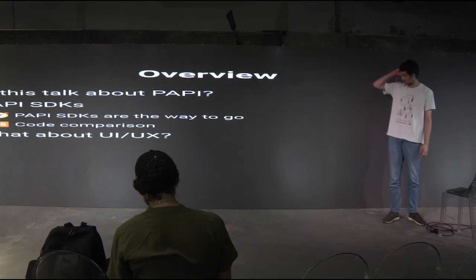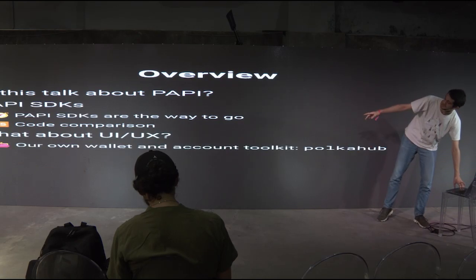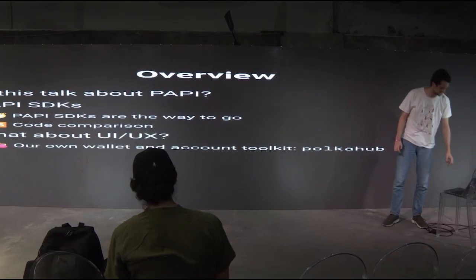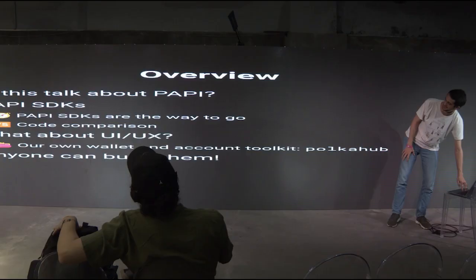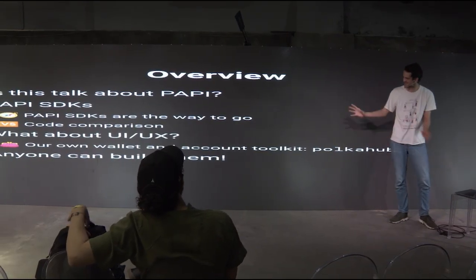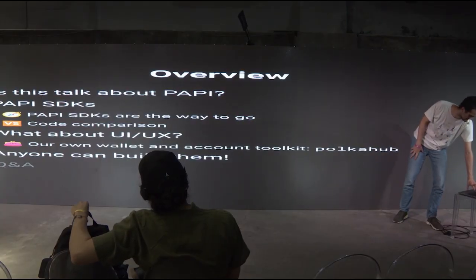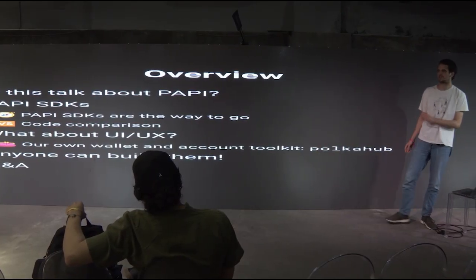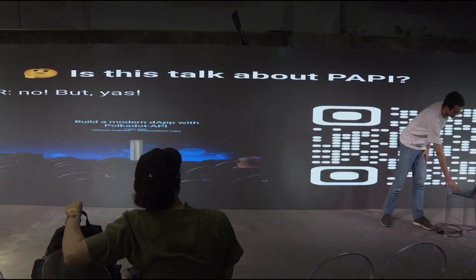Because you will see that PAPI SDKs don't have a lot of that. And we will present our own wallet and account toolkit called Polkadot. More information in a moment. And a quick, optimistic thing to end, which is that everyone can build them. And then a quick Q&A session in case anyone has any doubts or questions.